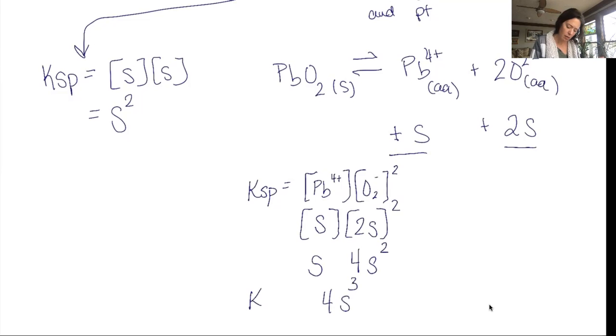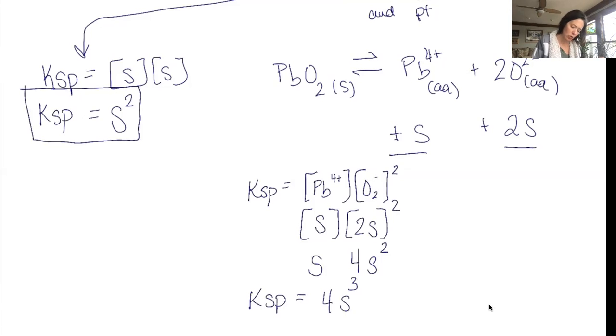And this time I would solve for Ksp this way, where up here you see that my Ksp is equal to S squared. So you've got to pay attention to the ratio of cation to anion.